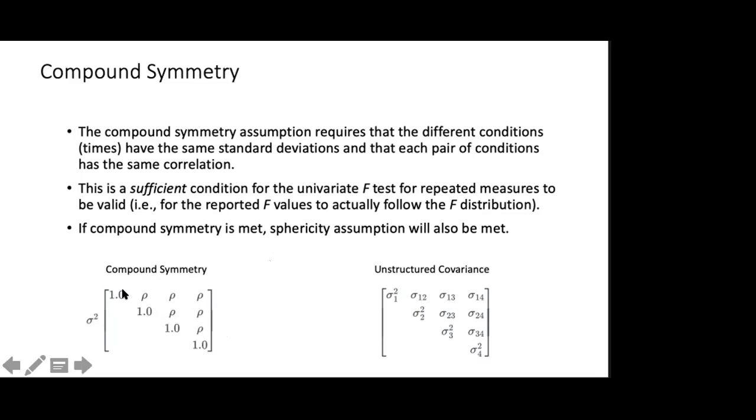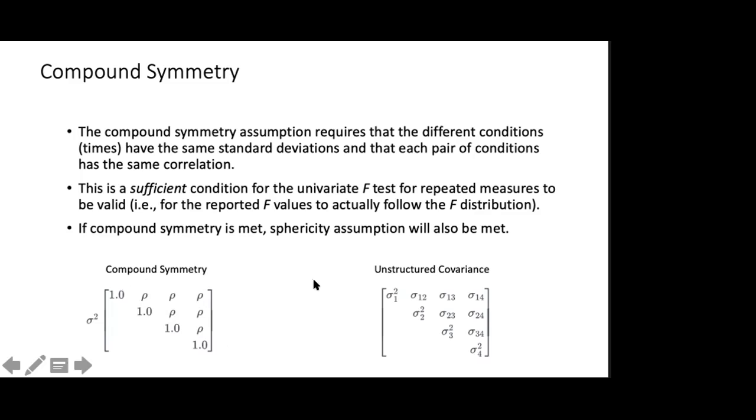And these are the correlations between levels: 1 with 2, 1 with 3, 1 with 4, 2 with 3, 2 with 4, etc. What is required is that these are all identical, so the correlations are identical for all possible pairs.